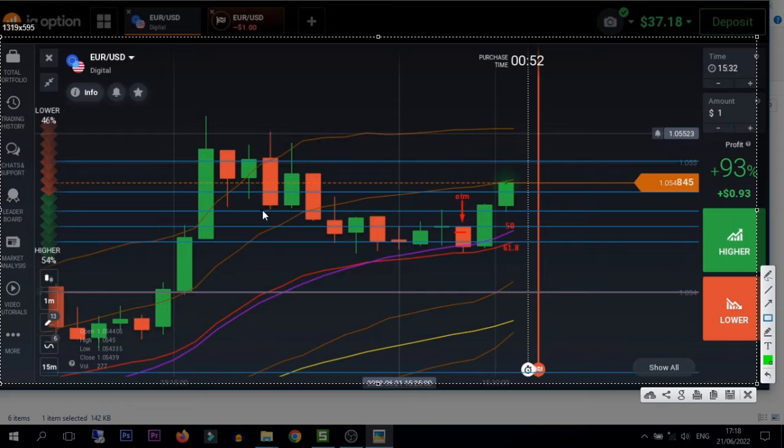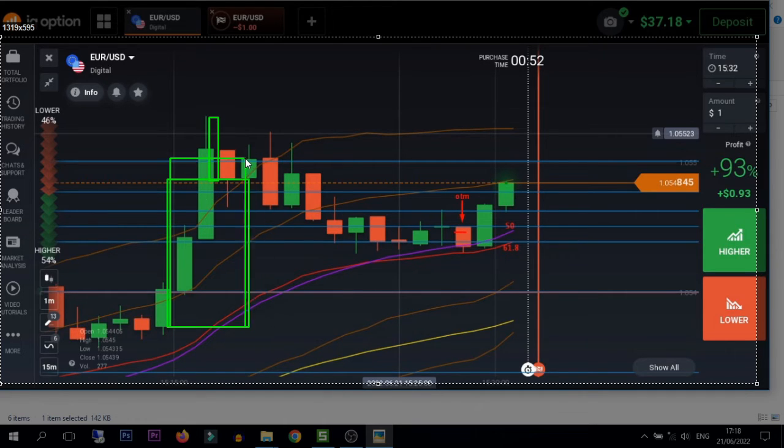Okay, so the previous analysis was like this. So the next was some kind of retracement. Oh sorry, this is not like this, this is like that. Okay, 1 2 3 4 5, and the next 5 was like this.